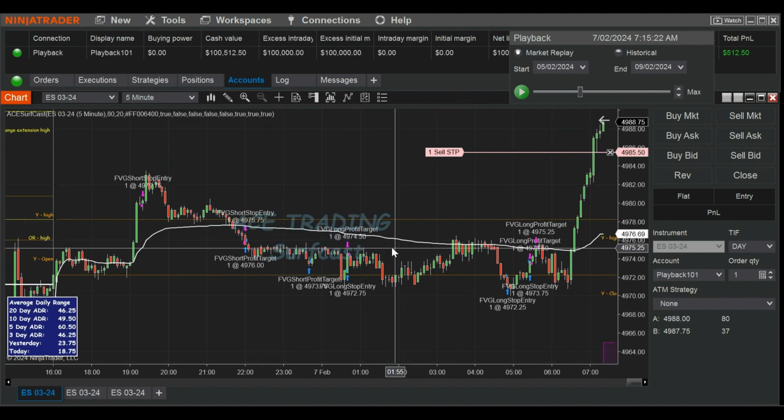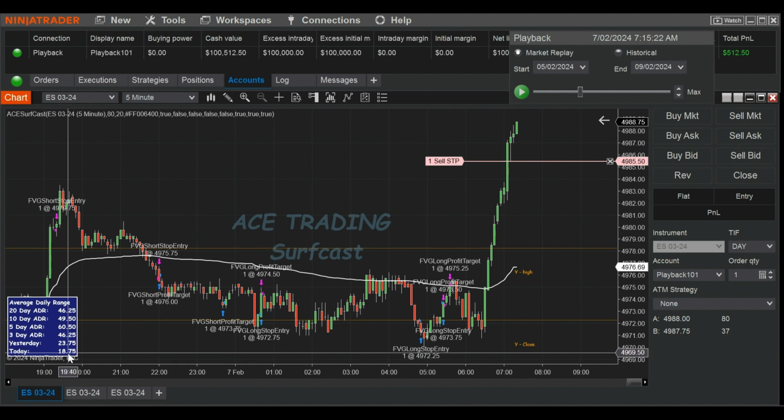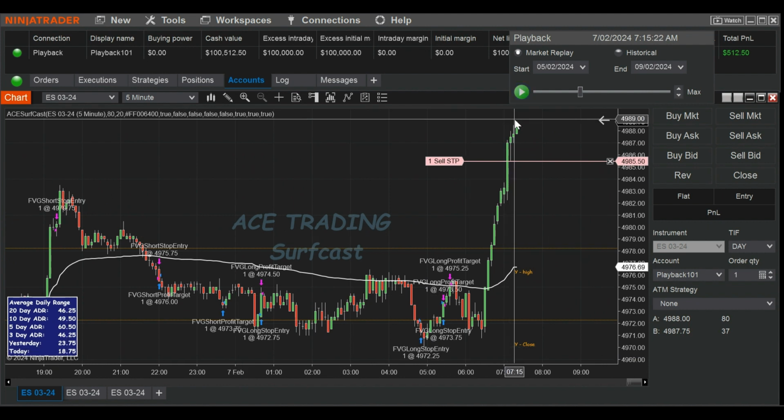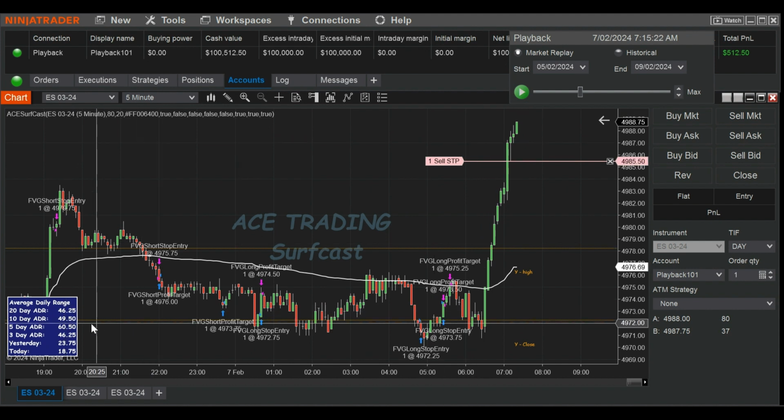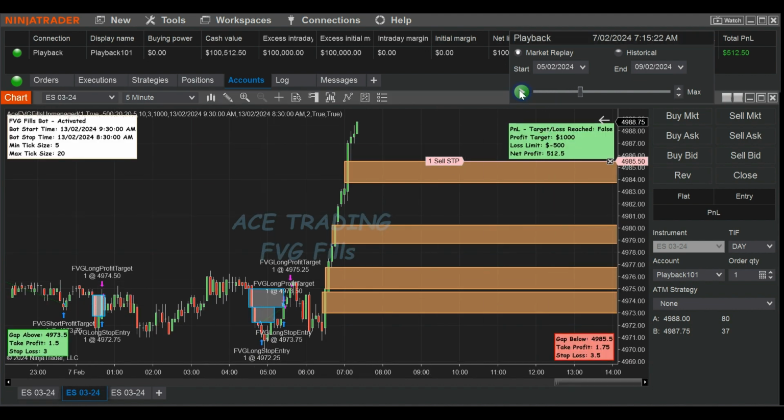And if we look at our average daily range, for the daytime so far we've only got 18. It's actually gone a fair way already, so it might pull back, but there is potential for it to keep going because the average day range for the last 20 days is 46, and we're only currently sitting at 18.75. So there's a good chance it's probably going to continue up, but we will continue with the play and see what happens.